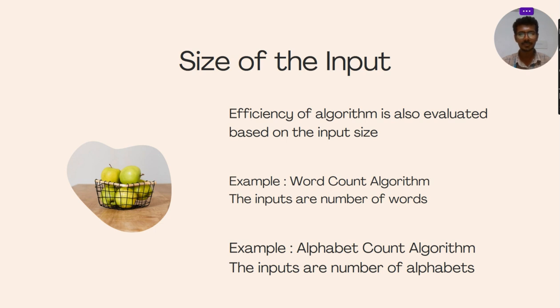For example, if the word is size, S-I-Z-E, so we have only 4 letters in the alphabet count. If you go with more than 4, it depends on the size of the character string or the length of the string, and your alphabet count or word count algorithm may execute.